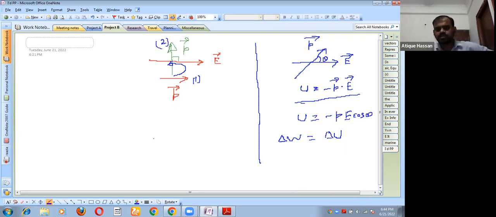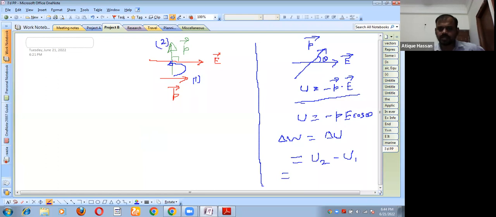When an object is moving from one height to another height, the change in gravitational potential is equal to work. So always remember that work done is equal to change in potential. So here what will be the work done? Change in potential energy, which means potential energy in position 2 minus potential energy in position 1.